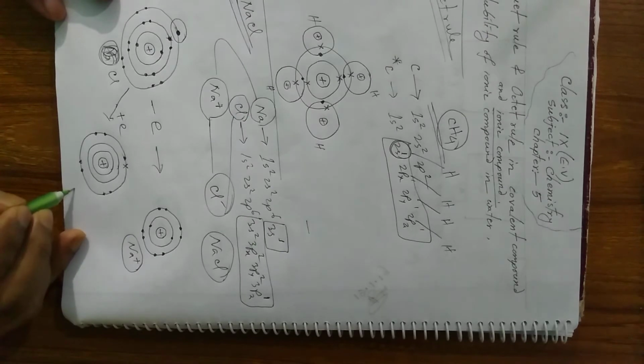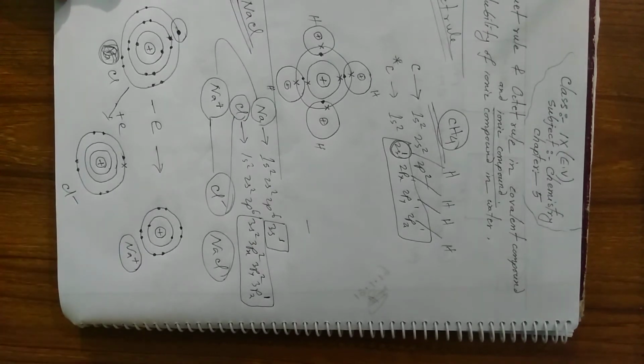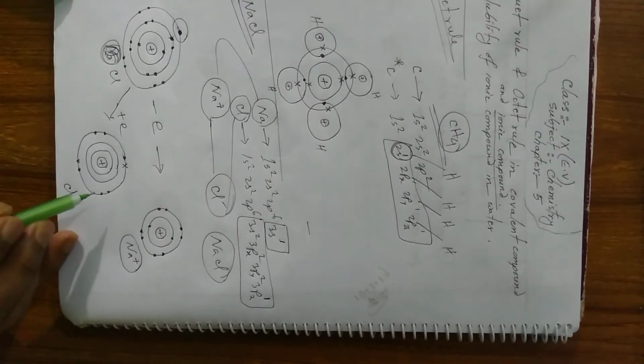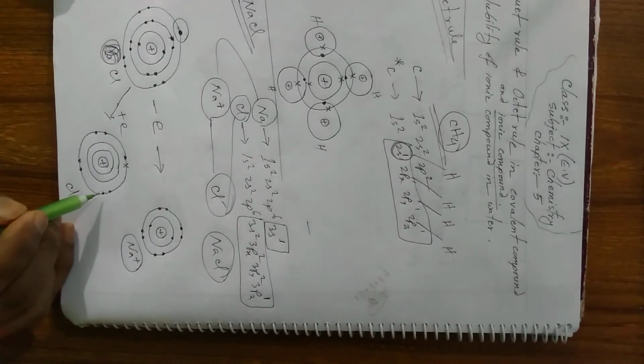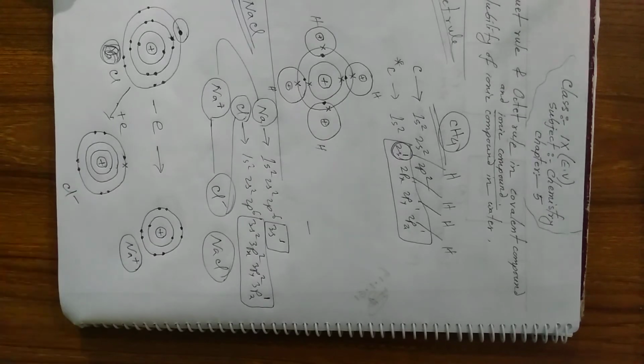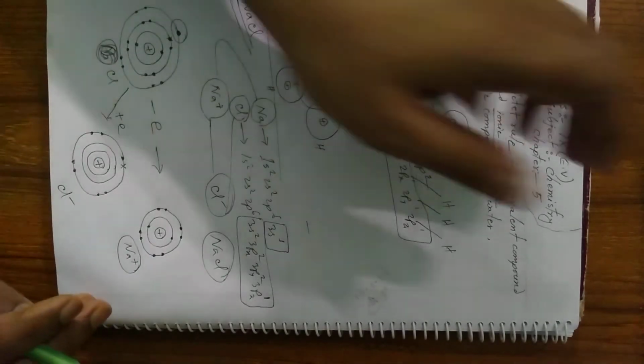Ultimately this will be the chloride ion. So the total number of electrons in the outermost orbit will be 8. 1, 2, 3, 4, 5, 6, 7, 8. So it follows the octet rule, and also the duet rule.